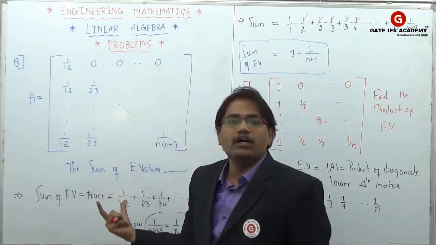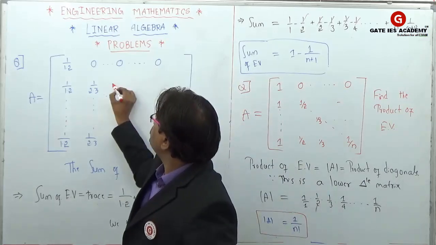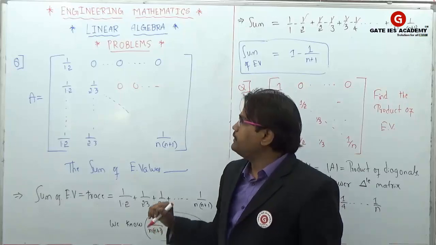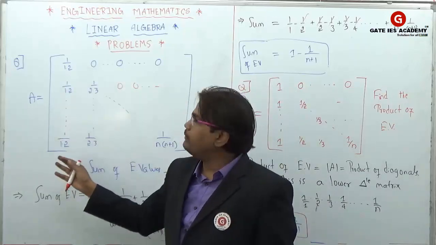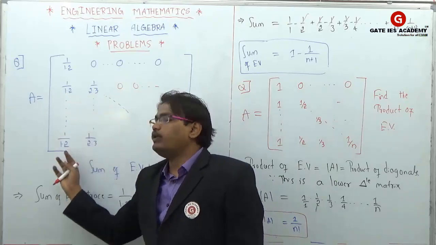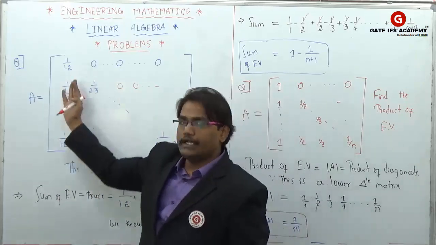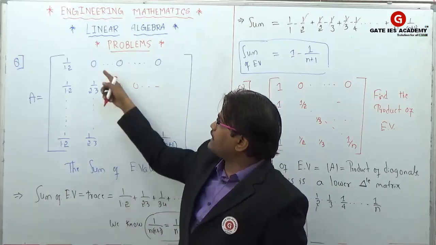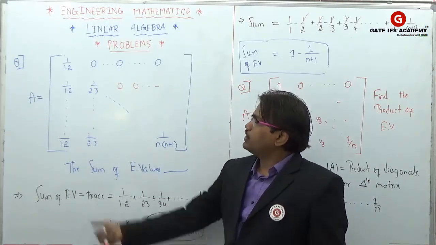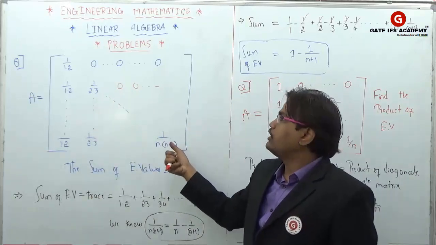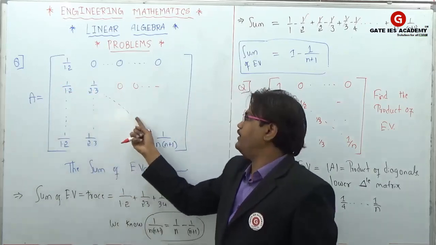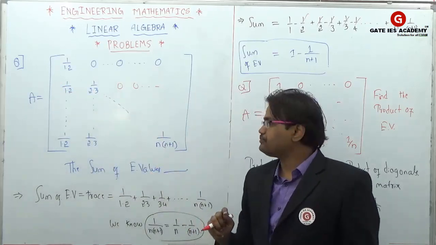This is all 0, 0, 0, 0 and so on, right? And here the first row will be the first column 1 upon 1 into 2 and so on. The same value will be repeated in the first column. In the second column also, from this value onwards, the same value gets repeated. So this is the diagonal. Diagonal 1 upon 1 into 2, 1 upon 2 into 3, 1 upon 3 into 4 and 1 upon n into n plus 1.